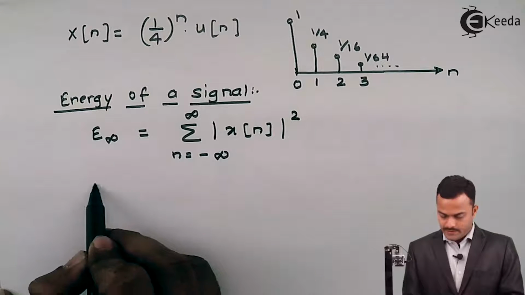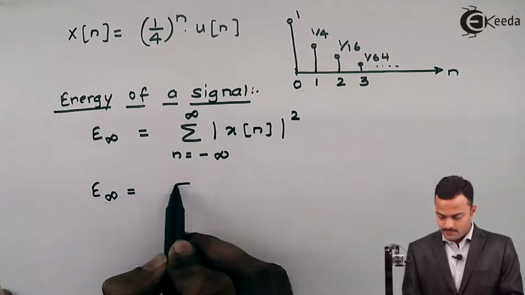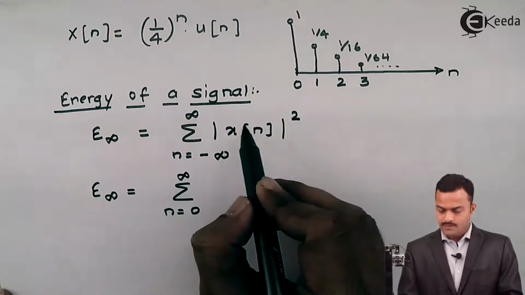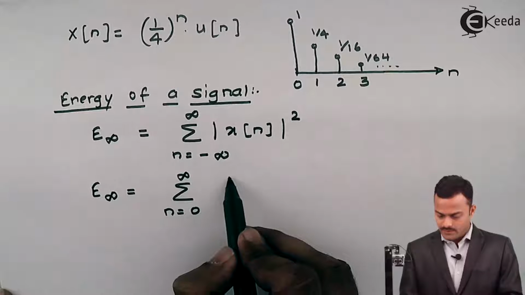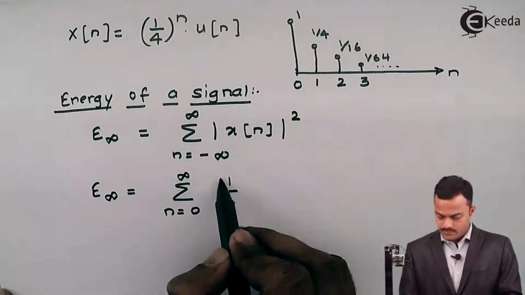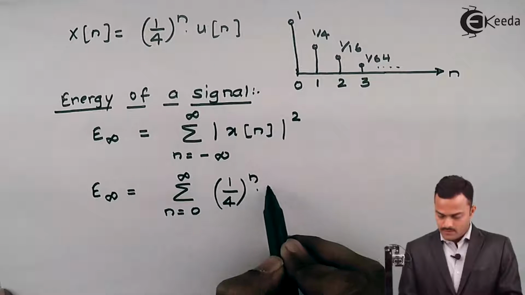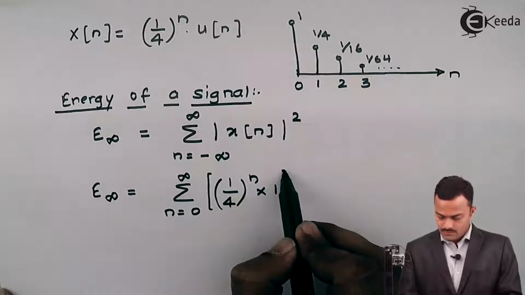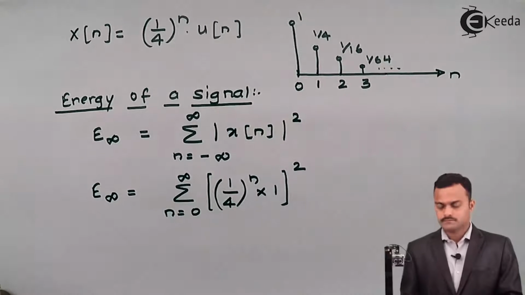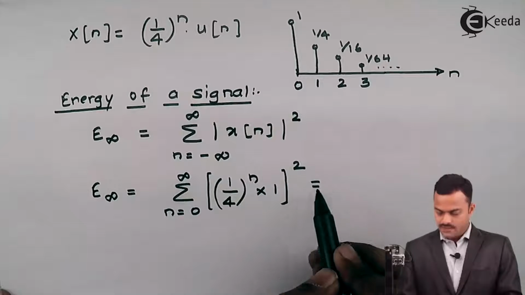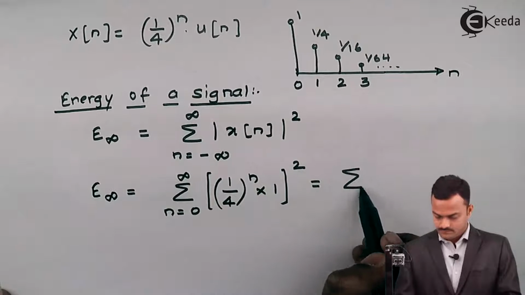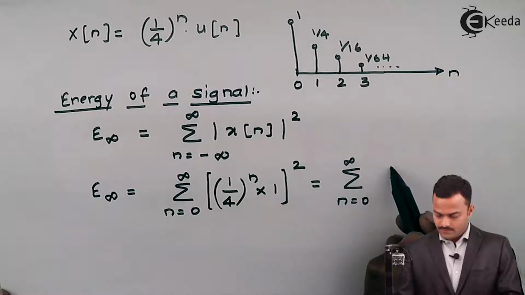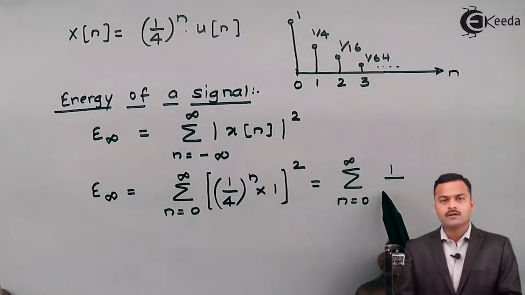So E infinity I'm getting as summation n equal to 0 to infinity mod x of n square, which will be 1 by 4 raised to n, and u of n means it is 1, whole square. So if I simplify, I will get this equation.